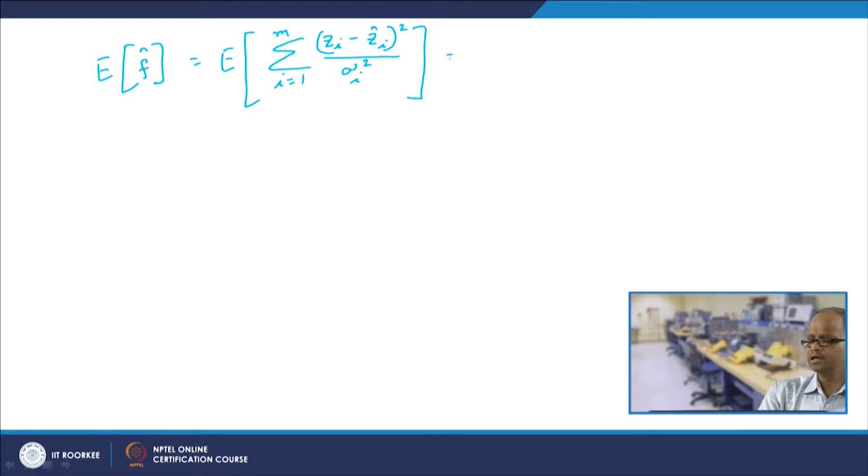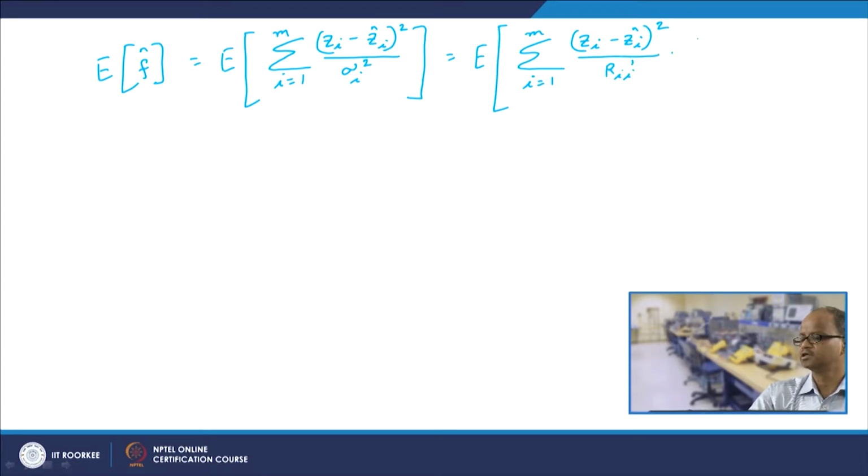Now, we can write this as R I dash into R I dash by sigma I square. This entire quantity is within the summation, so this is the expected value of this.